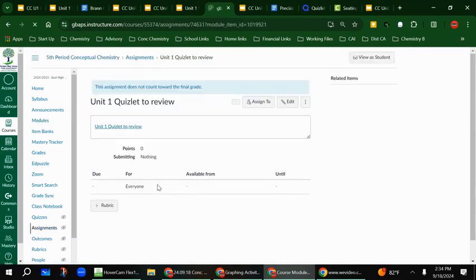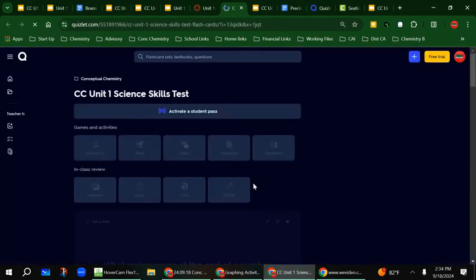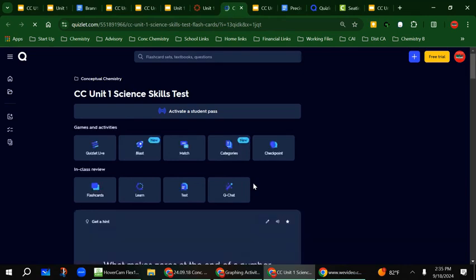When you open up the Quizlet, this has all or almost all of the definitions in it. You have a few different games or activities you could do, or you could simply use them as flashcards. You could use them as a test if you wanted to. You can go through the terms and definitions and see if you remember them. Again, that is there for you to use. Questions?